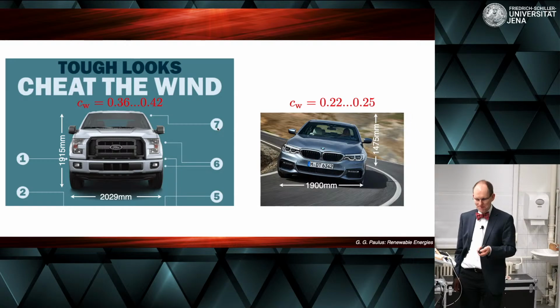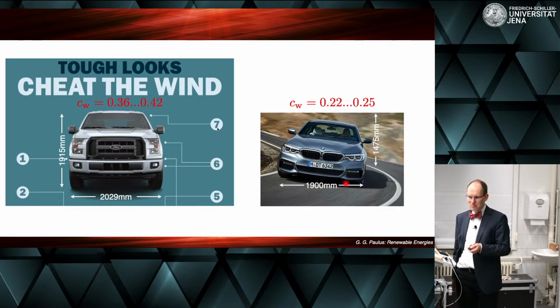But anyway, drag is not only proportional to the drag coefficient, but also proportional to the area covered by the vehicle. And you see that there is also pretty much of a difference.